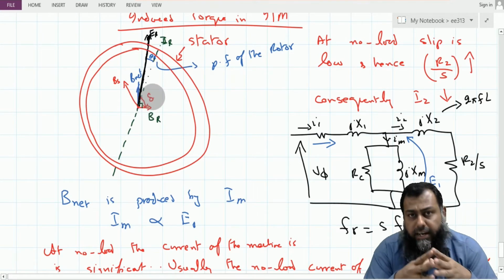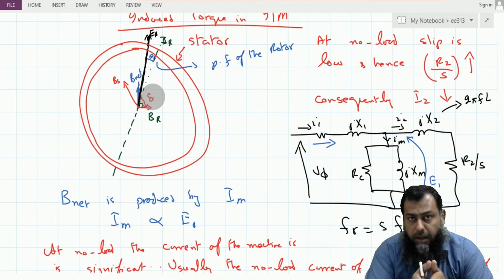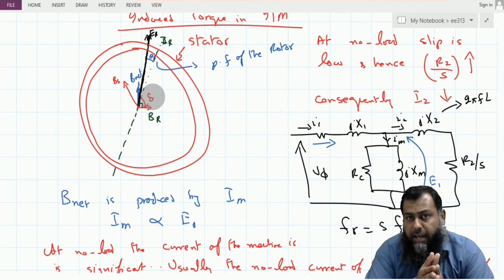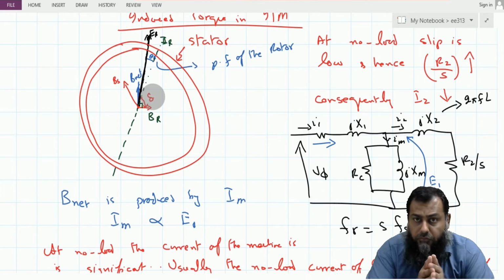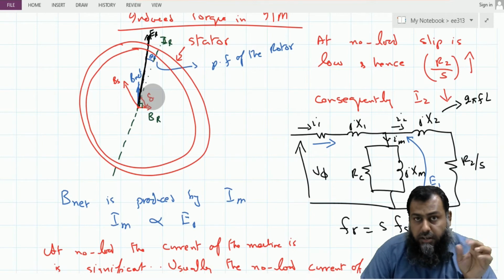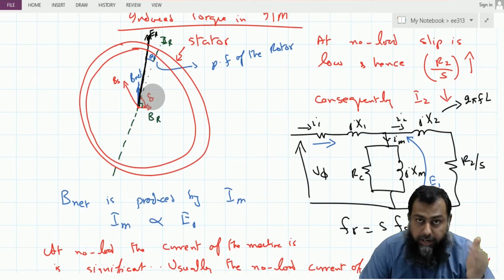Now the point here is that if we apply a substantial load onto the motor, of course within its capacity, then there will be some shift in the BR and in the current. We need to see that, and consequently there will be a change in the value of the angle between the net magnetic field and the rotor magnetic field. So let us see how it happens here.